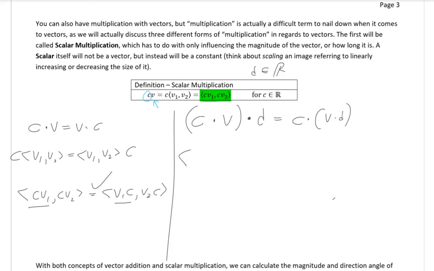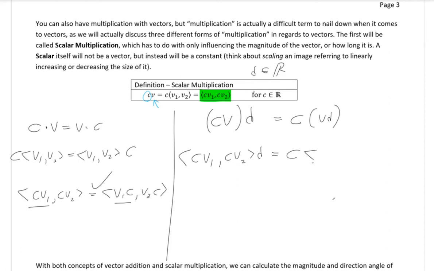This one, c times v, we know will give you cv1, cv2, times d. Actually, I'm going to try to not even write that dot. So cv and d, and c and vd. And this should equal, on this side, c times the vector dv1 and dv2.